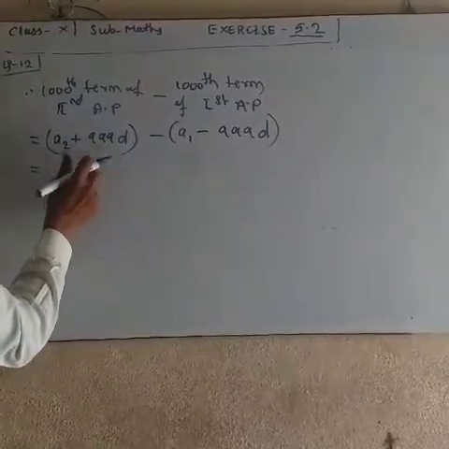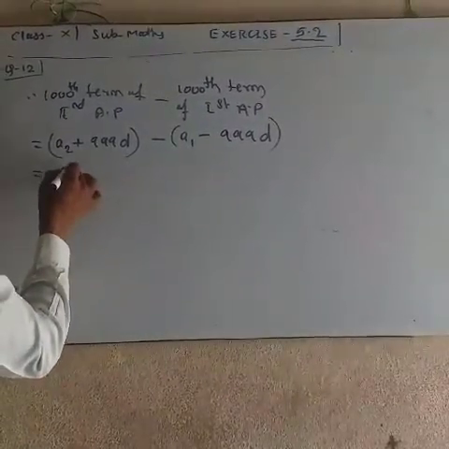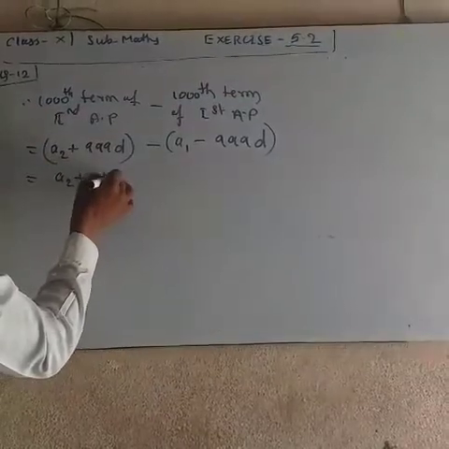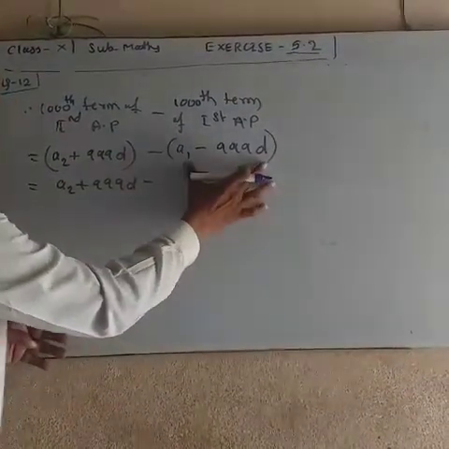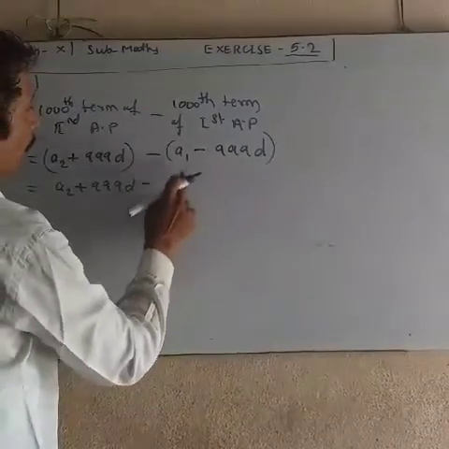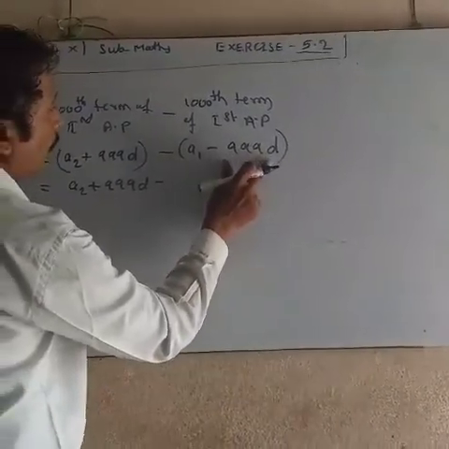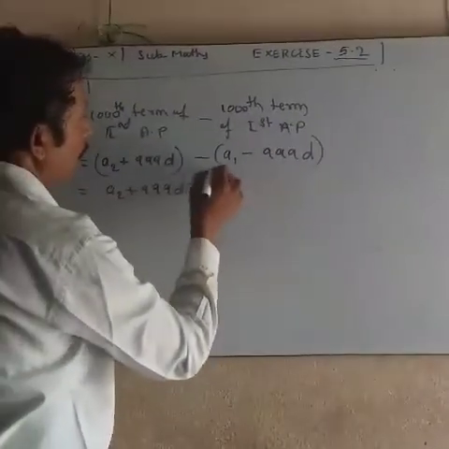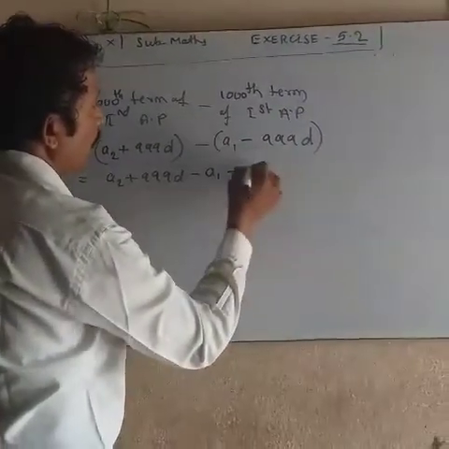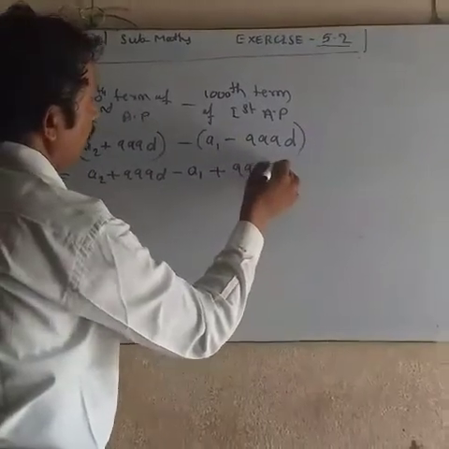First bracket no change, it is same, A2 plus 999D minus, when you remove this bracket, A1 is negative and the second term becomes positive. This is minus A1, minus of minus is plus 999D.